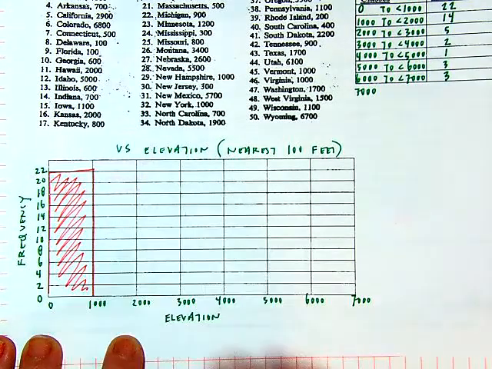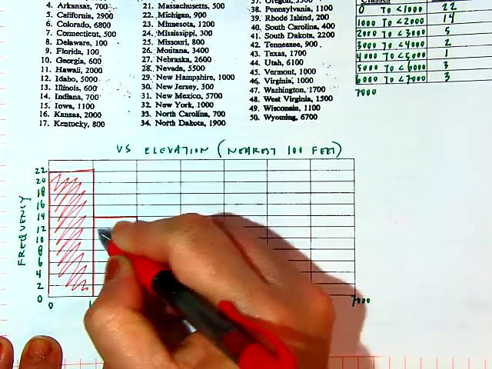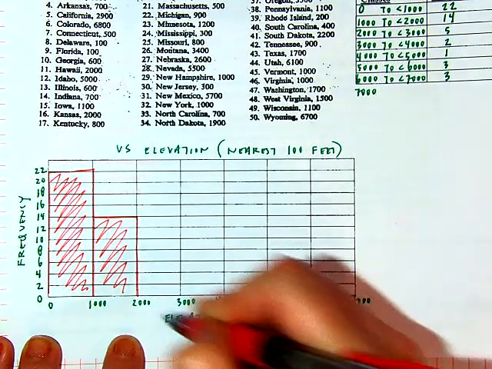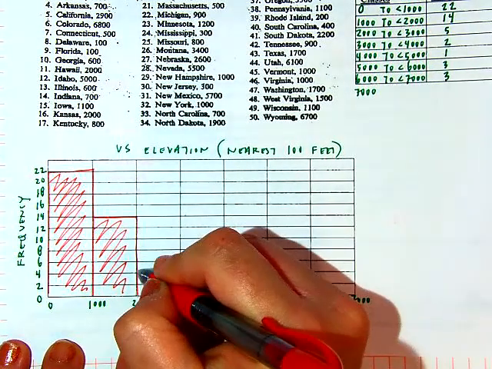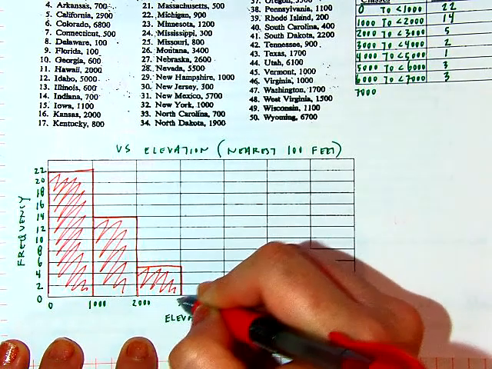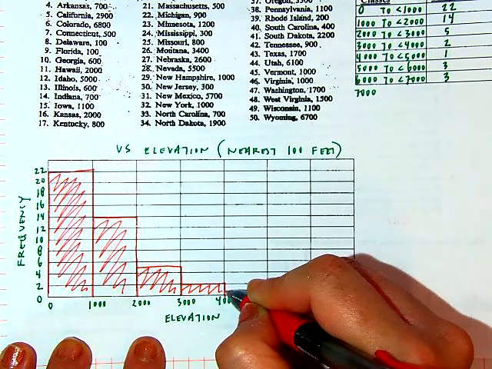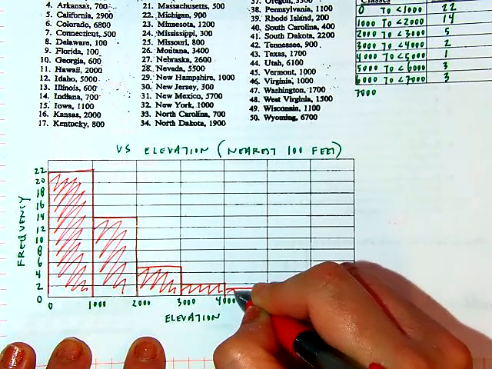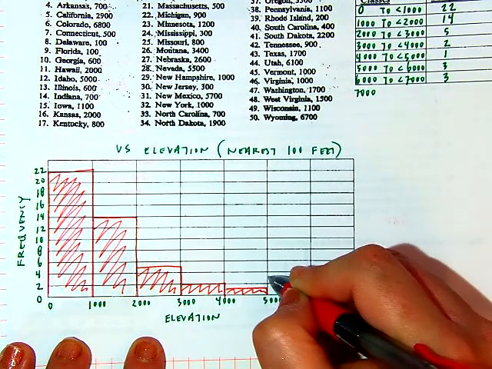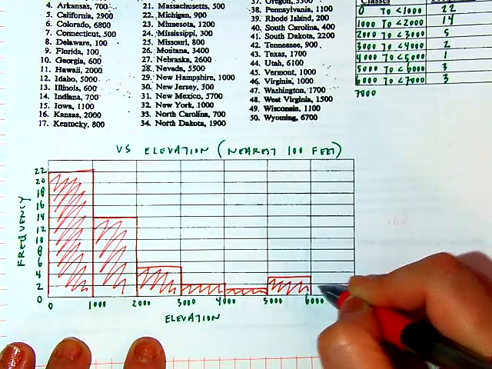So there's my first one, and then 14, 5, 2, 1, 3, and one more 3.